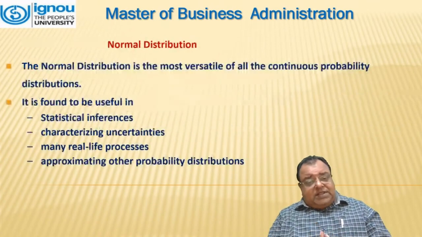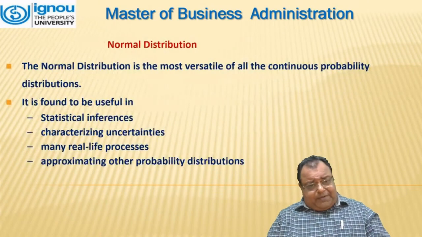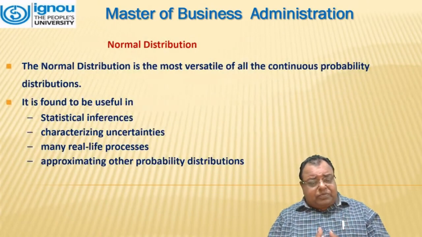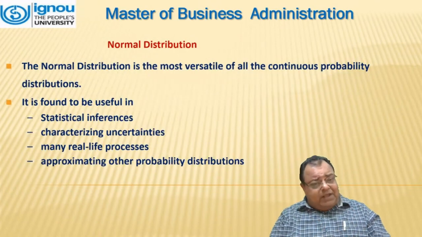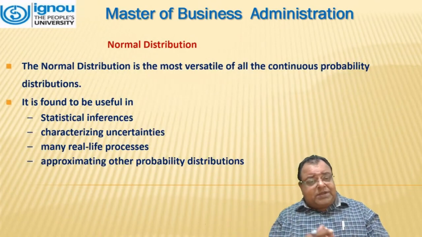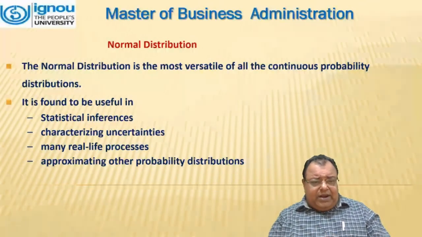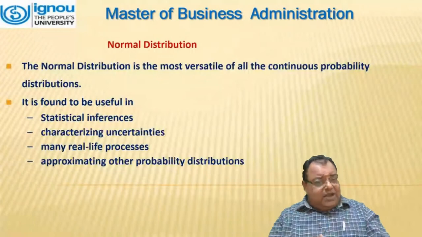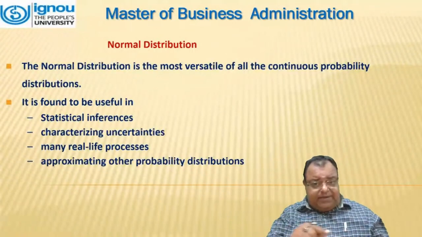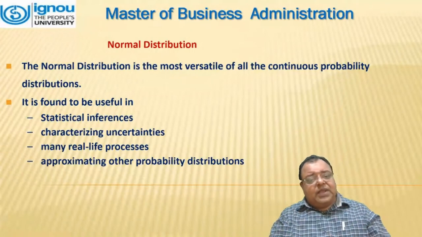We will be starting with the most important topic, which will be of great importance in your MMPC5 as well as in your MMPC50. That is normal distribution. If you remember, in normal distribution, mean, mode, and median, all the three values are equal, and we have a bell-shaped graph of it.